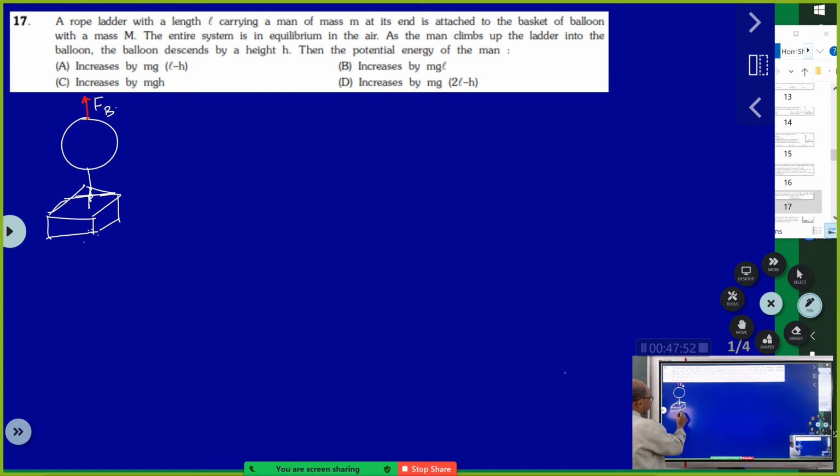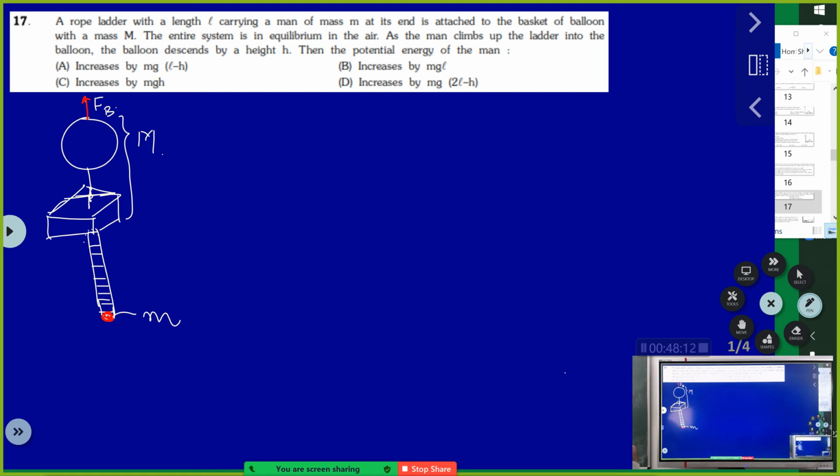There is a basket, and then there is a ladder. The mass of this whole thing, they are told, is M, and the mass of this man is m.